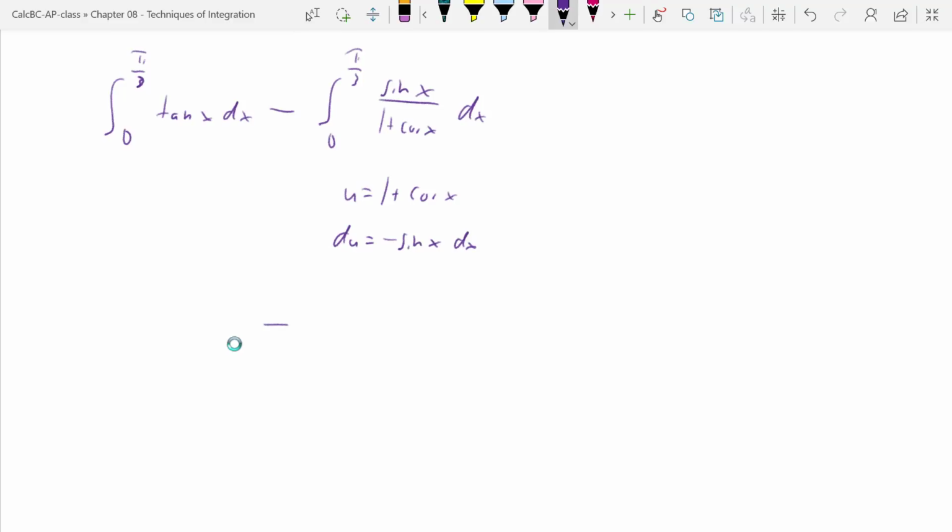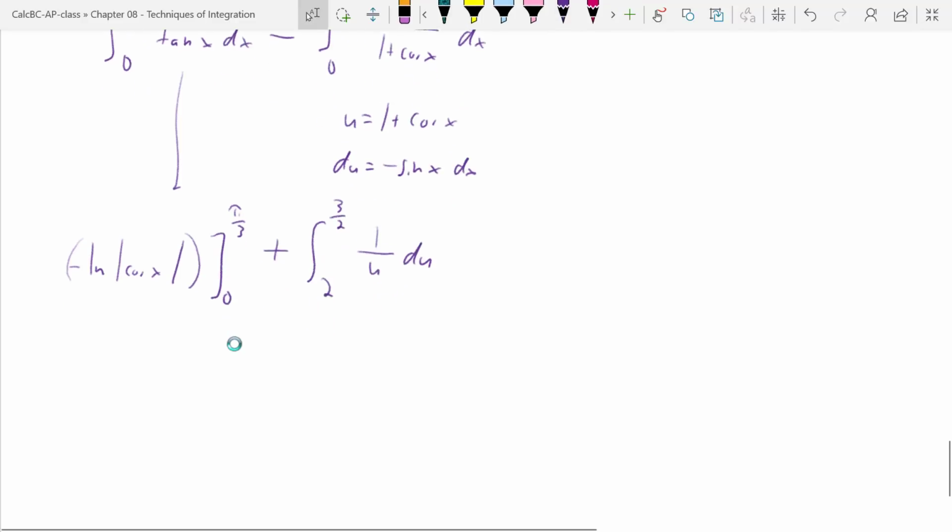I'm going to take out the negative, make it a positive, get the integral from 1 plus cosine of 0, that's 2, to 1 plus cosine of pi over 3, which is 1 plus a half, so 3 halves, of 1 over u du. Here, if you remember the integral of tangent, it is negative natural log of the cosine of x, and that's going to be evaluated from 0 to pi over 3. We didn't change those limits.